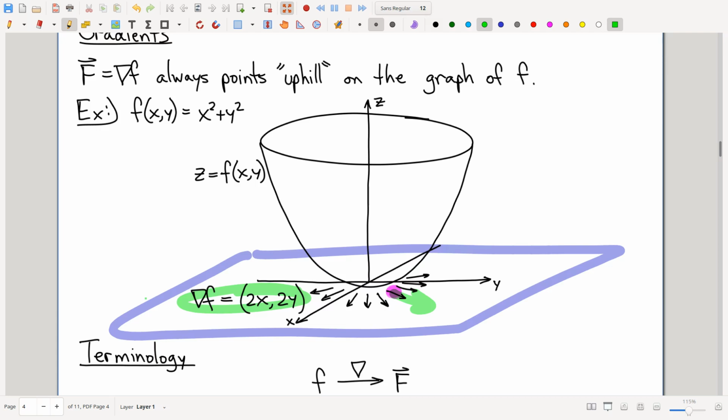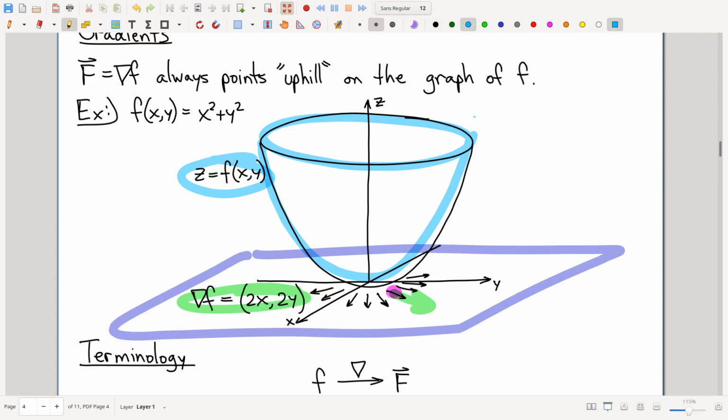So it points radially outward, maybe twice as long, but still radially outward, about like this. And then you'll notice that this also tracks with another fact that we had discussed. Namely, if you look at the graph of that function, the gradient always points uphill on the graph. The gradient points in the direction of fastest increase.